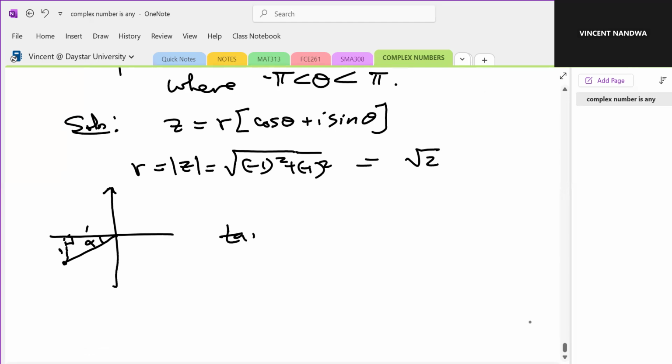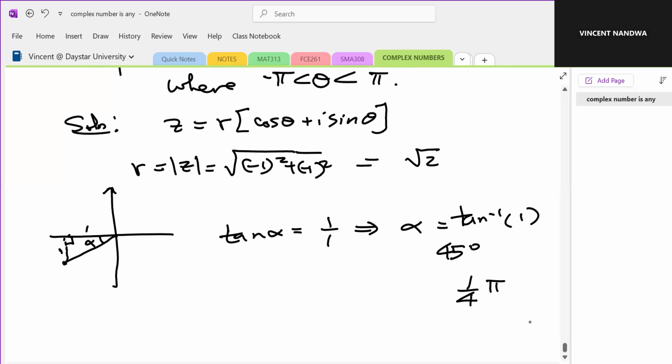So tan alpha is 1 over 1, which means alpha is tan inverse of 1, and all of us know that tan inverse of 1 is 45 degrees. 45 degrees, when you divide by 180, gives a quarter pi.